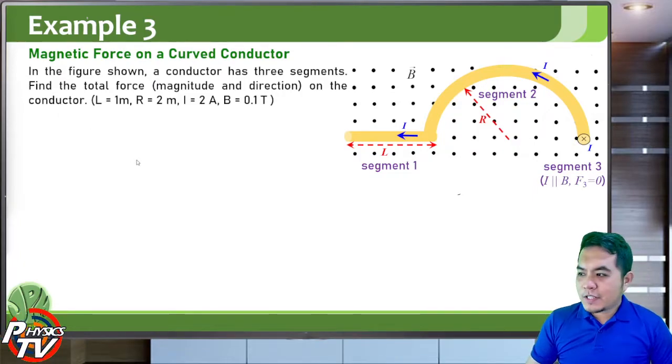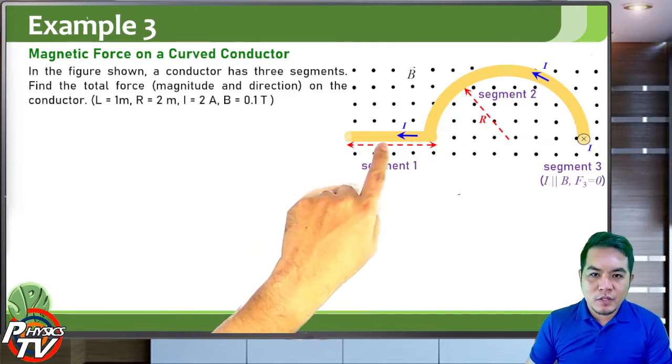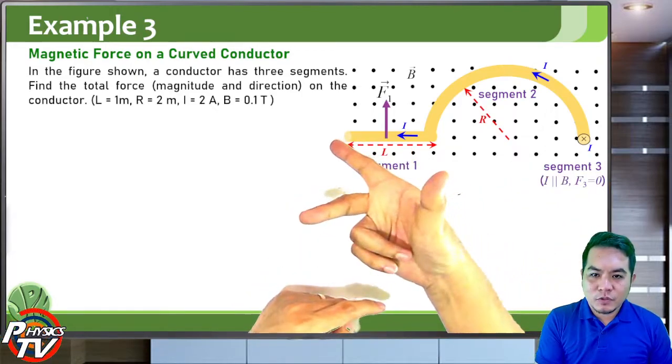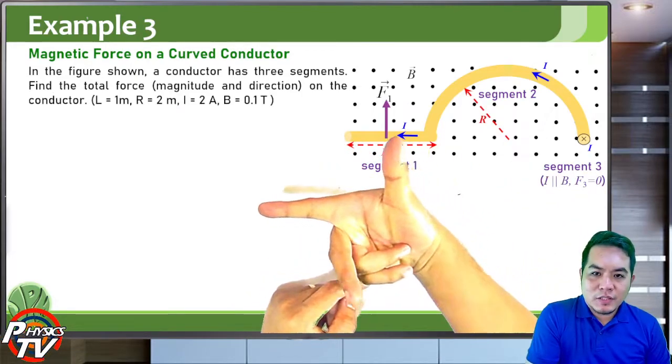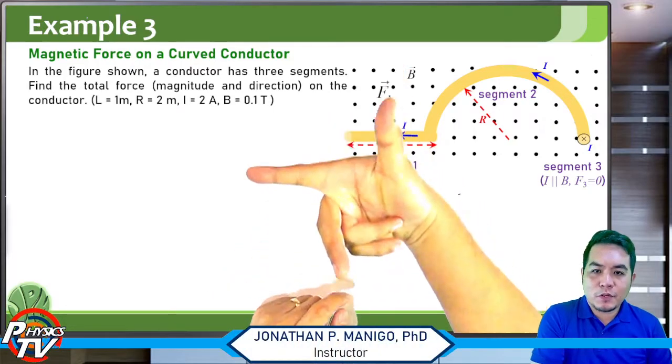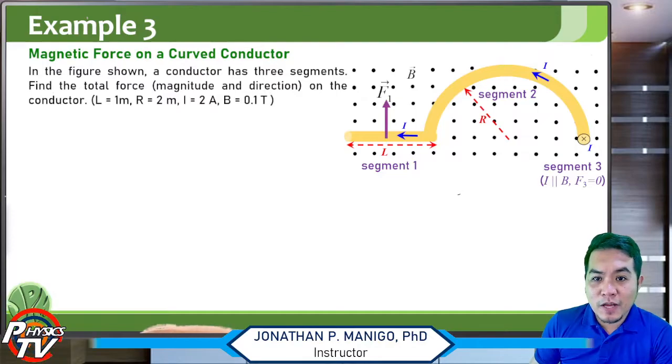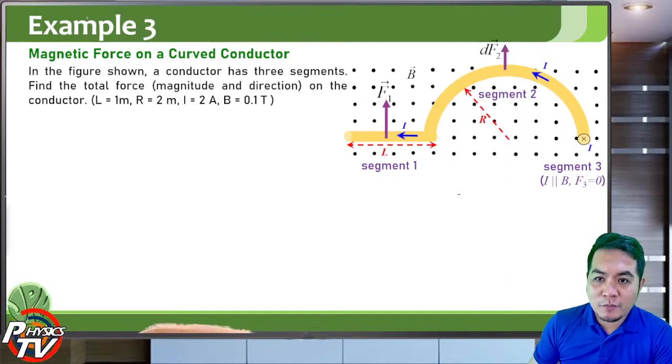So for this first segment here, the force on this is F1. You have I cross B, so the force will be upward by virtue of the right hand rule.